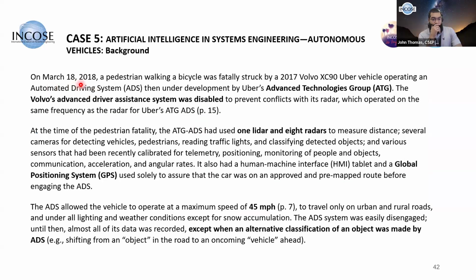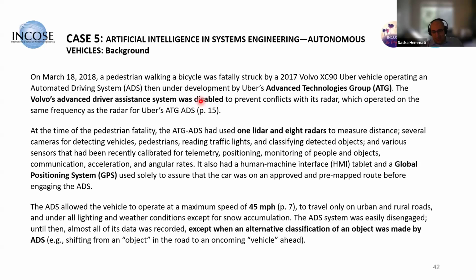On March 18, 2018, a pedestrian walking a bicycle was fatally struck by a Volvo car, an Uber vehicle, under automated driving. This system was developed by Uber's Advanced Technologies Group. They overrode the vehicle's own advanced driver assistance systems and disabled it.